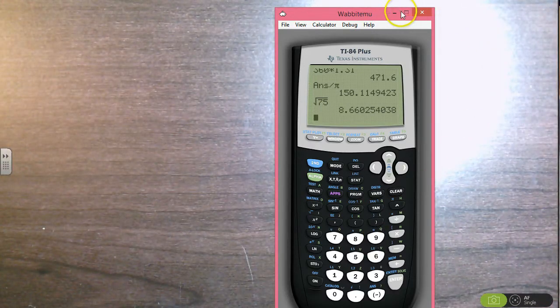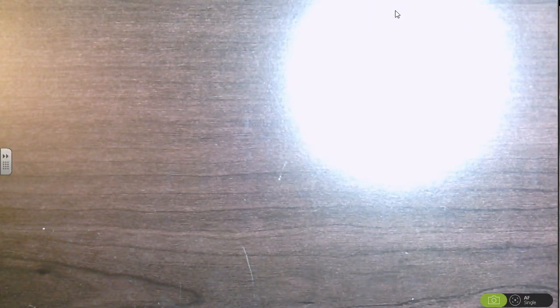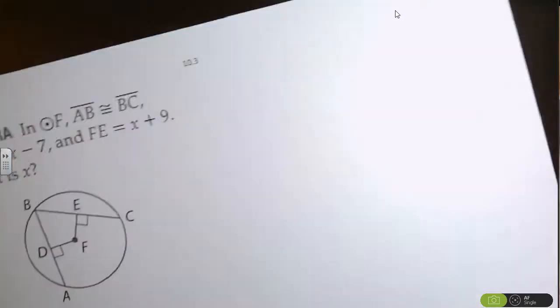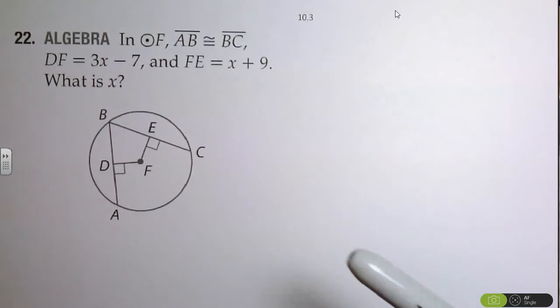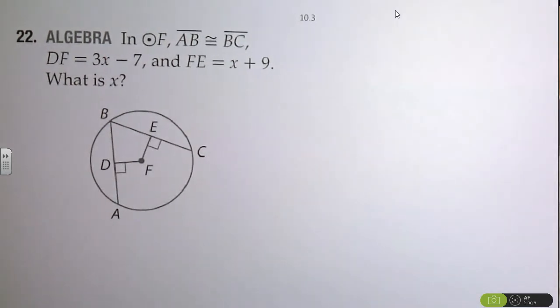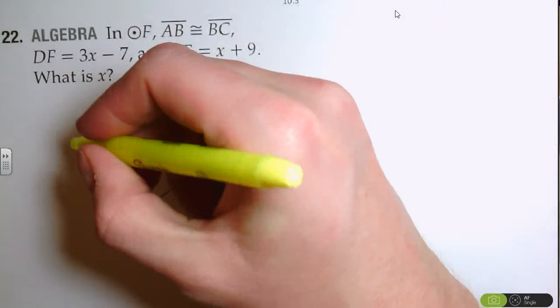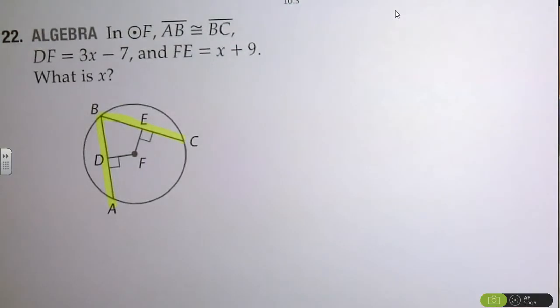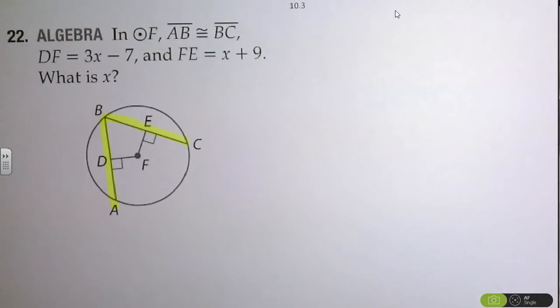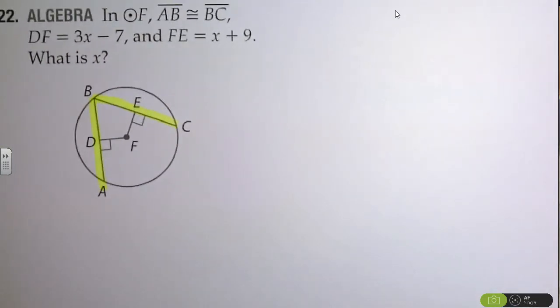Okay, next one to take a look at, 22. We've got a circle. We've got congruent segments AB and BC. So here's AB, here's BC, they're congruent. DF is 3x minus 7.